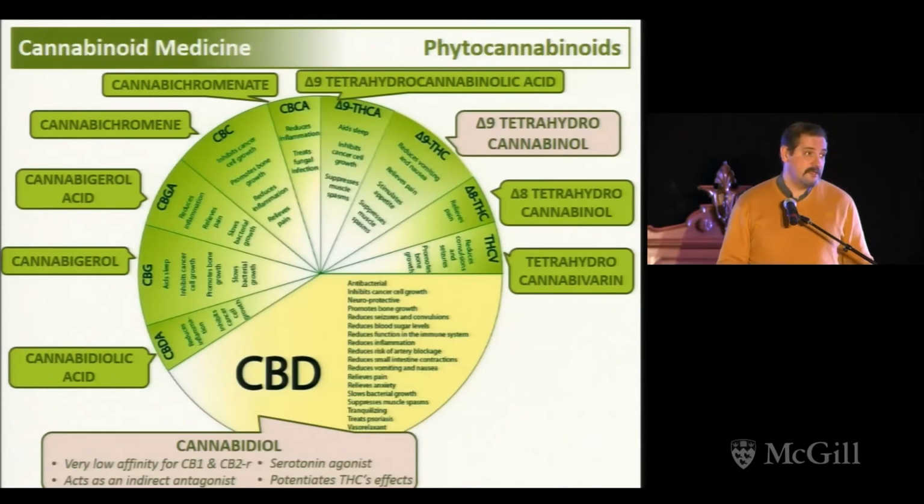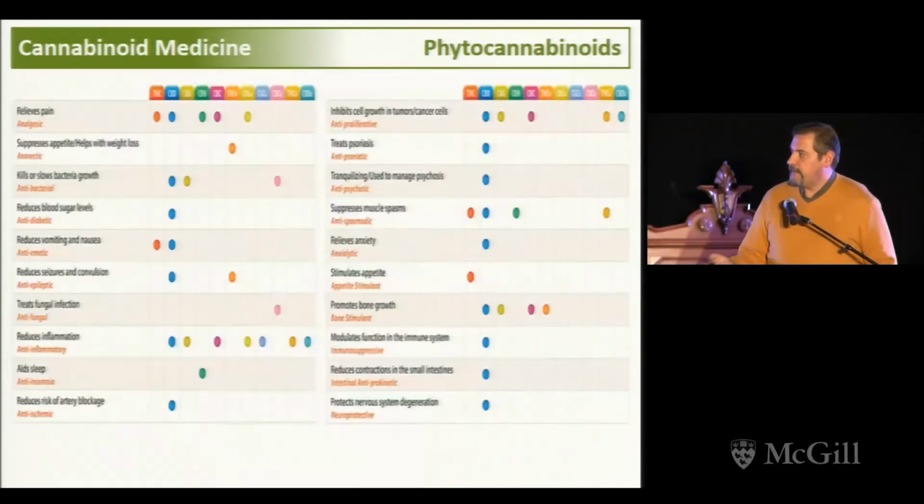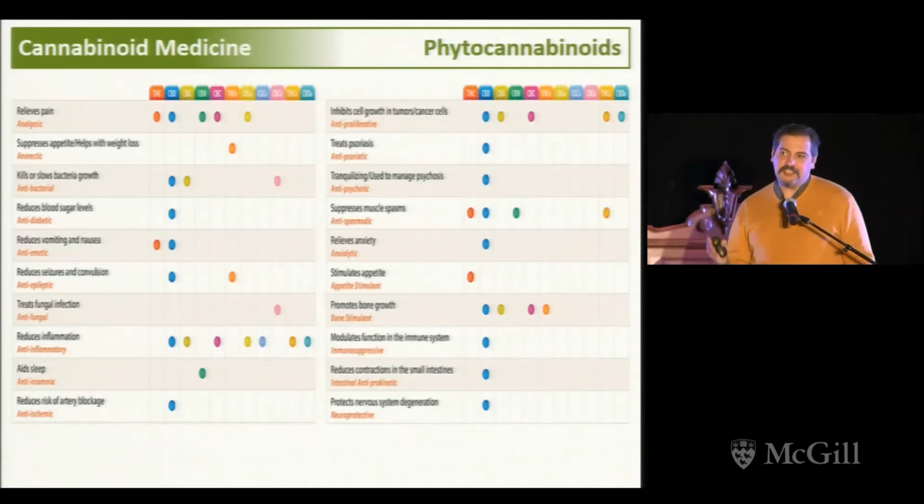But there are other cannabinoids available that also have a therapeutic effect. And in particular, I want you to point your attention towards CBD, because CBD seems to be the one that possibly in medicine we're going to be using more often. I'm sorry that the slide is very busy, but you can see that there is evidence suggesting that each cannabinoid could be providing differential effects.